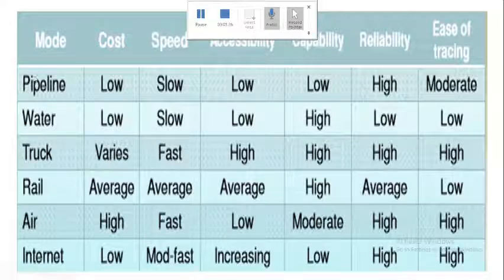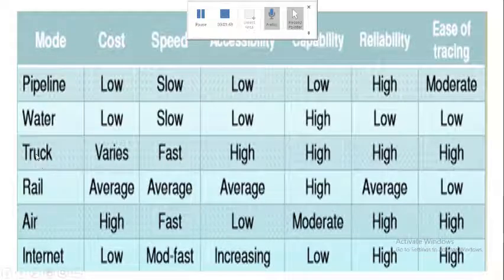The first mode is water, or maybe by ship. The cost of the ship mode is low, the speed is slow, the accessibility is low, the capability is high, reliability is low, and ease of tracking is low.